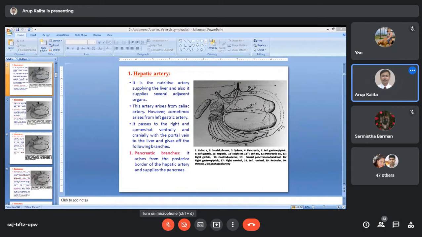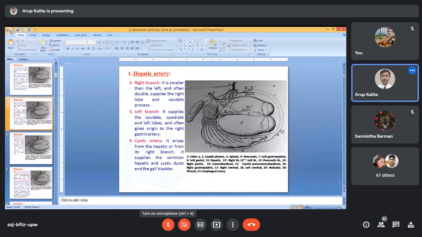It will give number 12, the pancreatic branches, the first branch. The second branch, sorry, the right branch, is number 11 days. Then the third branch is the 11 triple days, the left branch, the left gastric artery.